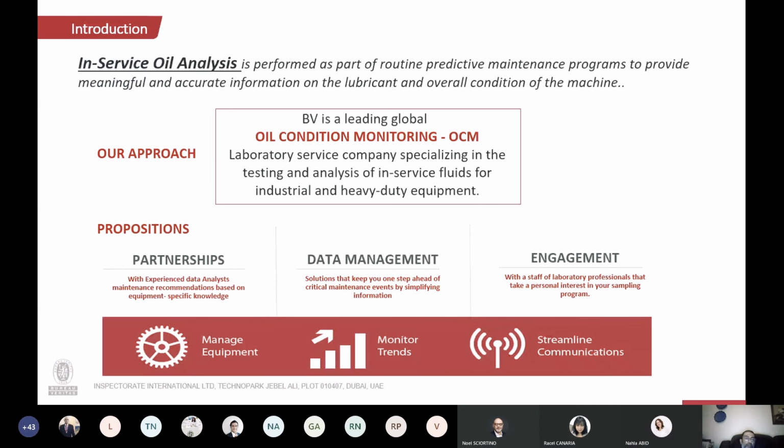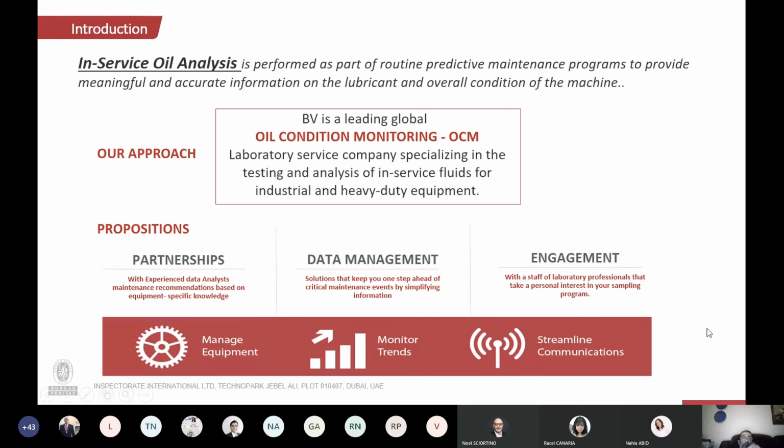Our proposition in this case is offering a partnership with the clients in order to give them experienced data analysis and meaningful recommendations for their programs. We help them in managing their data, and we put them in engagement with our staff in order to have proper communication.